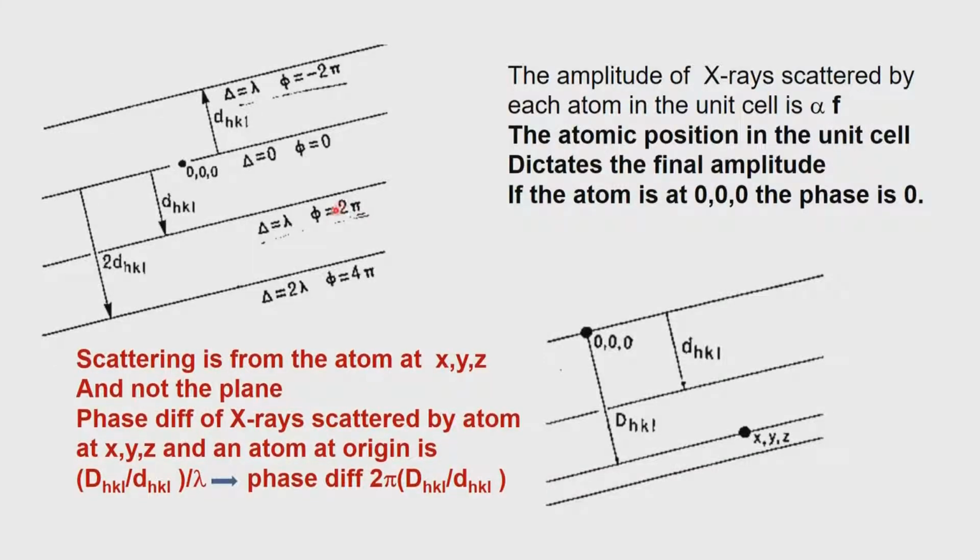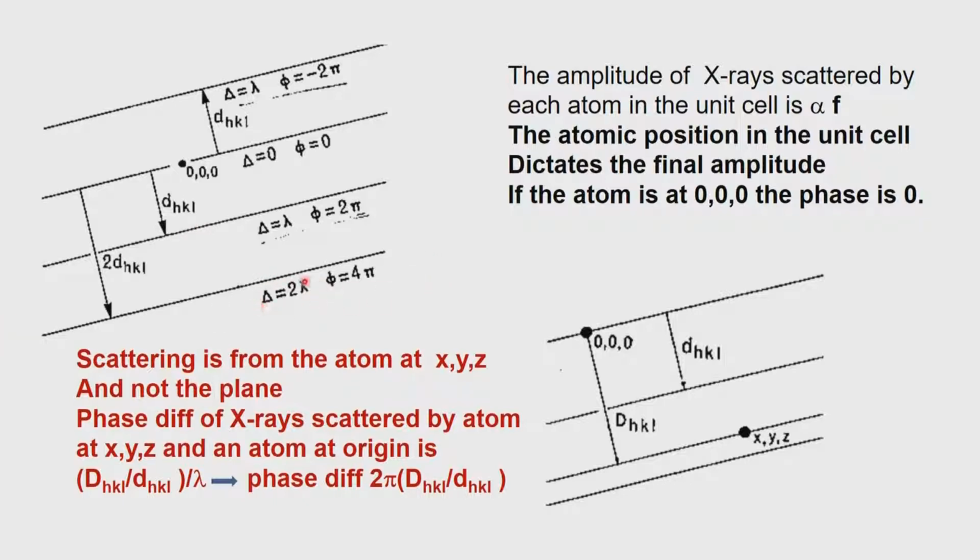By definition, the first plane out of the origin plane, the plane passing through the origin, must have a path difference of lambda by Bragg's law, and since Bragg's law says it is the only way in which we can have this particular plane, which is now at a distance of d of HKL, give us the diffraction. The next plane we will get will be at 2d HKL.